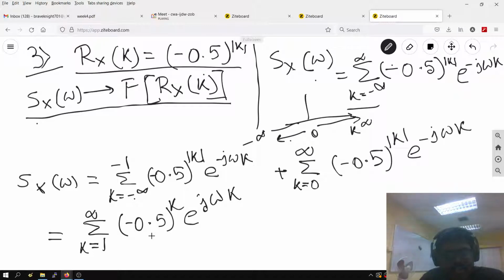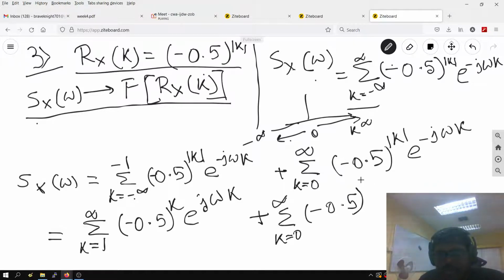This minus and this minus cancel out, plus k equal to 0 to infinity, minus 0.5 to the power mod k. This I can also write like this: since these are only positive integers, the absolute value of k will be the actual value of k, and this will be e to the power minus j omega k.